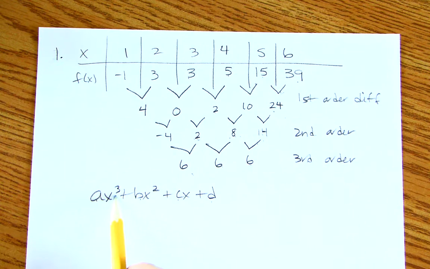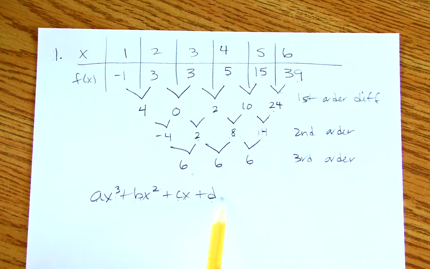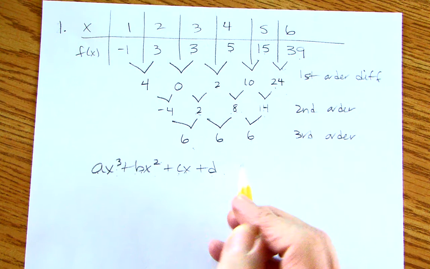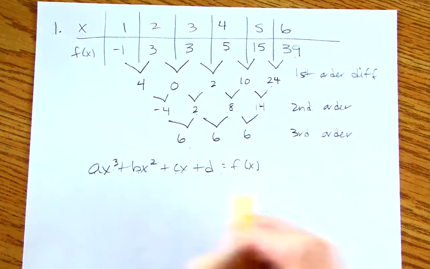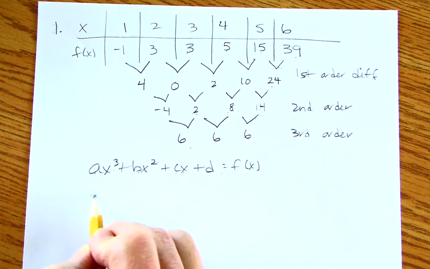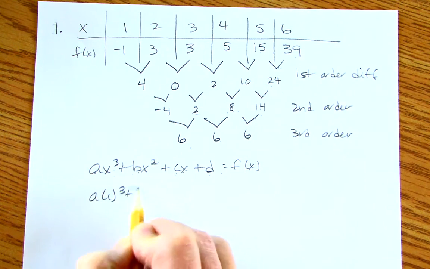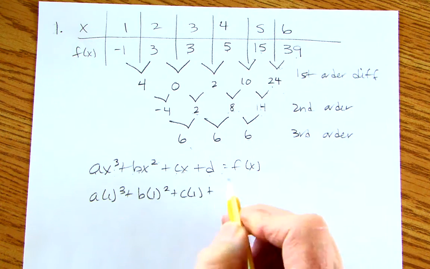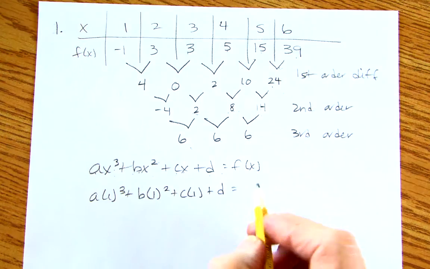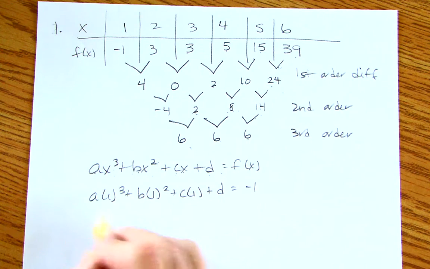So that means I have a cubic, ax cubed plus bx squared plus cx plus d. So now I have 4 unknowns. So I need 4 relationships. So again, I can say a times 1 cubed plus b times 1 squared plus c times 1 plus d was negative 1.